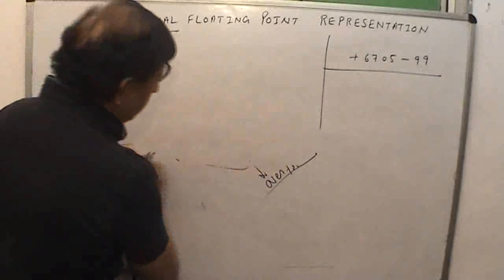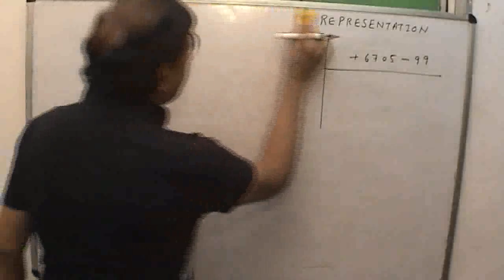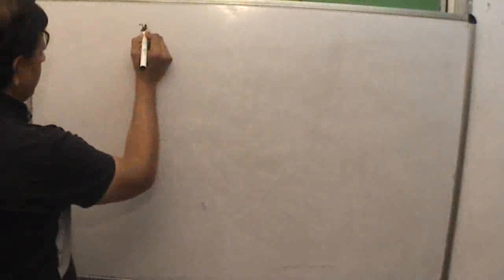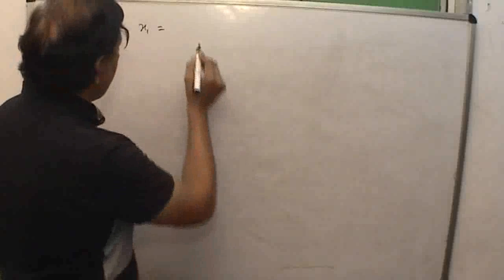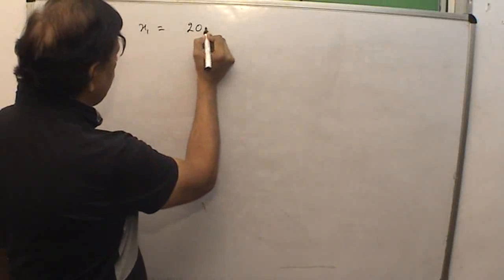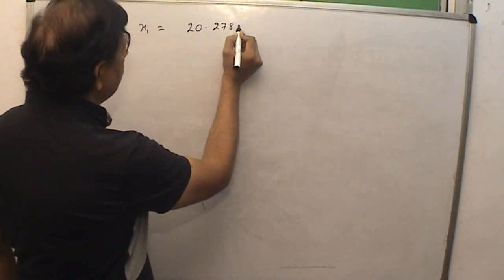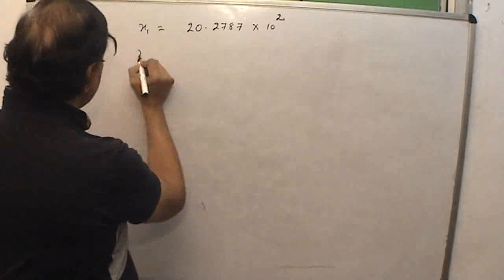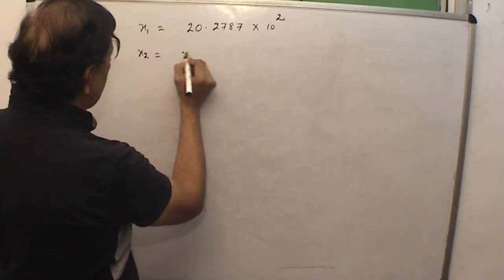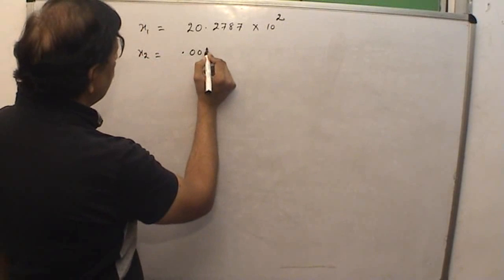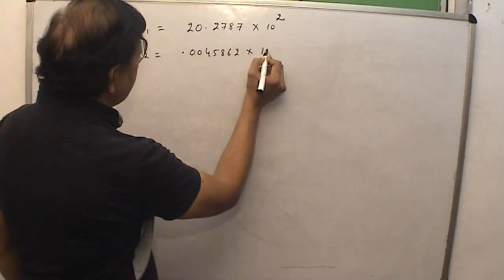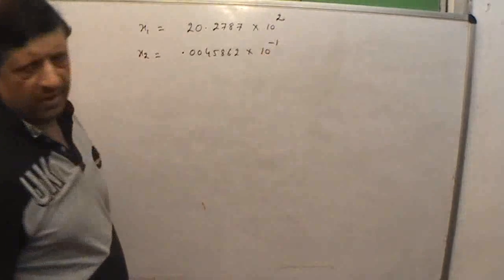Now we will discuss the basic arithmetic of the computer, or we say main computer arithmetic. Let us see a simple example. Say x1 is the figure 20.2787 into 10 raised to the power 2, and x2 is the figure 0.04582 into 10 raised to the power -1.